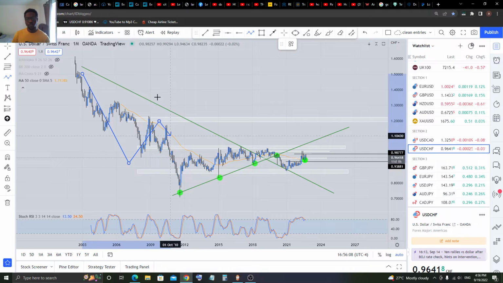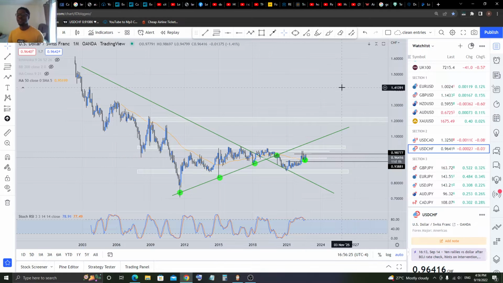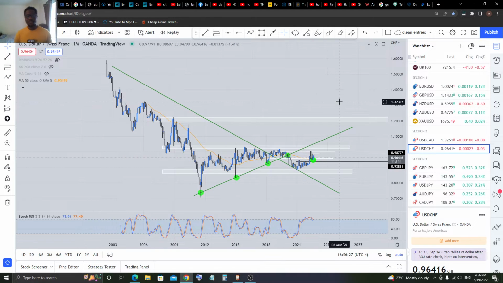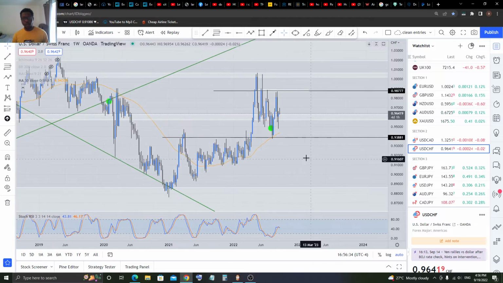Price didn't break the trend line. You see, it was holding, and then here price broke the trend line, tested it, and it's going up. All this gives me confirmation that the market is going up. So we're gonna go into the weekly now to see if I'm right.